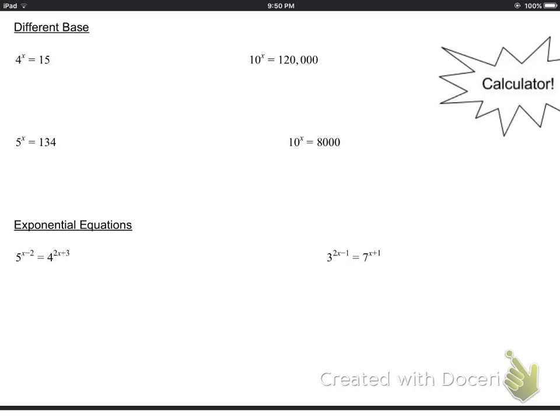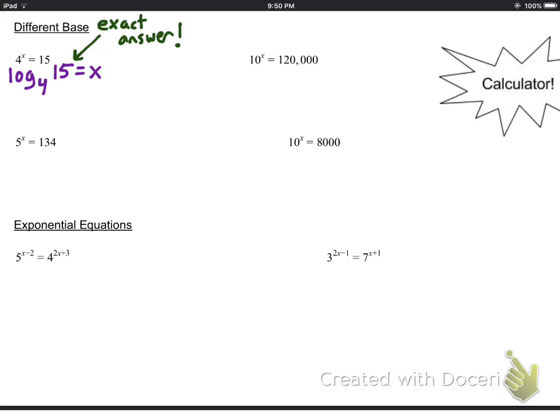So what we have to do is convert this exponential form to a logarithm. And this is one of the main reasons we use logarithms. 4 to the what equals 15? Well, your calculator can find that out for you. However, before you type it in the calculator, that right there is the exact answer. If you write log base 4 of 15, you've already got the answer to that question.